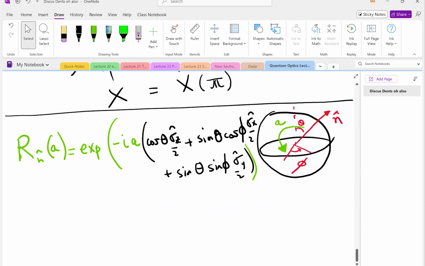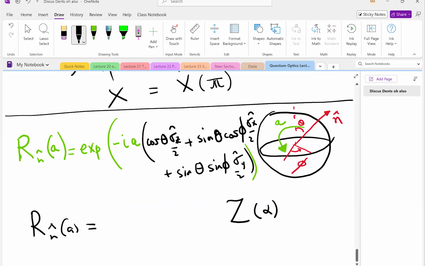Okay, but it's also possible to use your knowledge of classical mechanics to express this rotation R_n(a) through three consecutive rotations: one about the z-axis through an angle alpha, followed by one around the x-axis through an angle beta, followed by a rotation about the z-axis through an angle gamma.